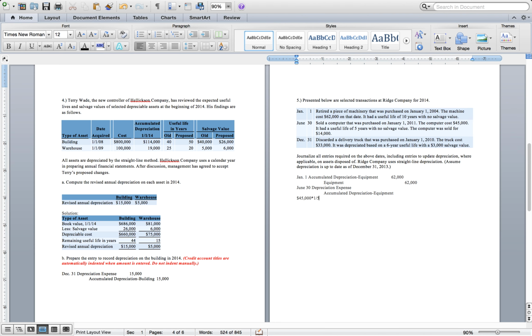And you have to multiply it by 6 divided by 12 because it's for half a year. So the total depreciation you got to record here will be $4,500. So debit depreciation expense for $4,500, and credit accumulated depreciation equipment $4,500.